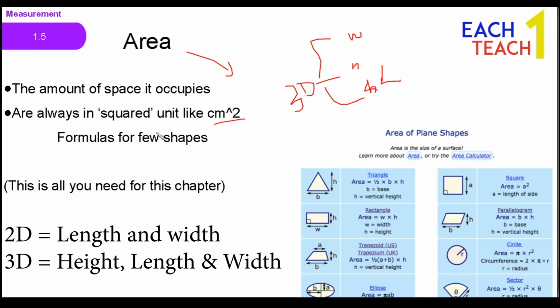Here are a few formulas of some shapes. You can check that out. For this chapter, this is all you have to learn about areas. In maths, you'll study it in detail.